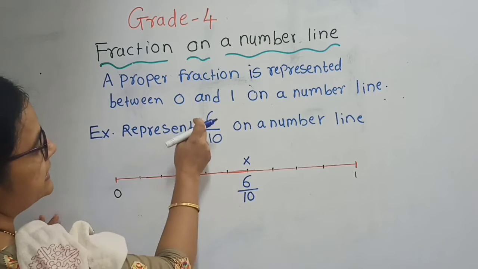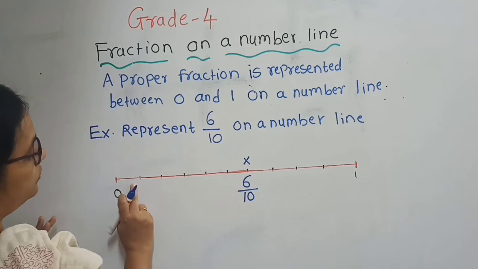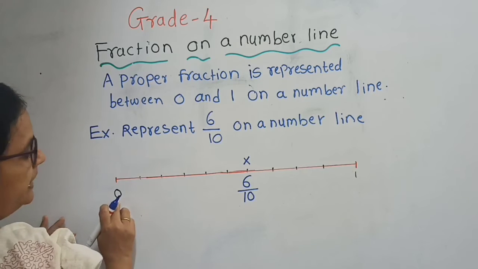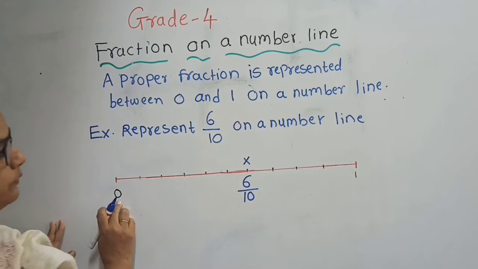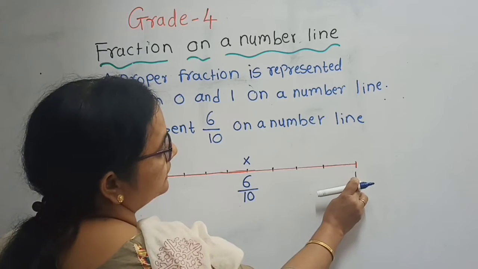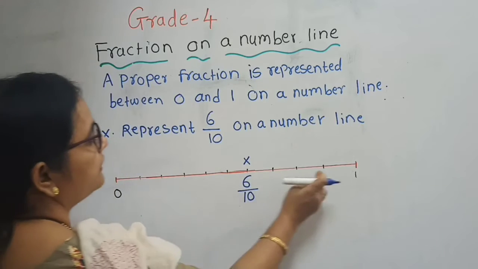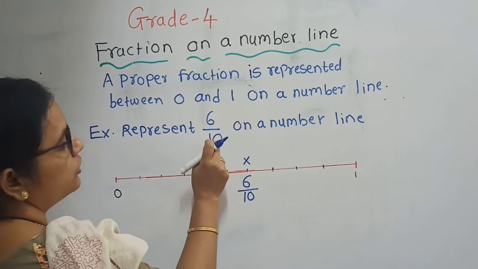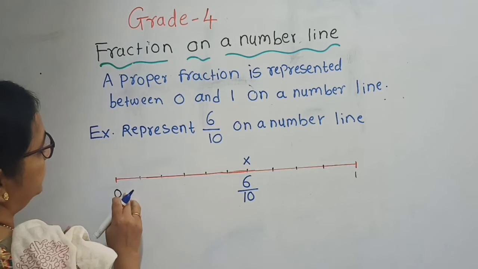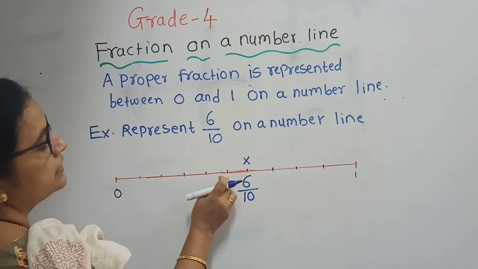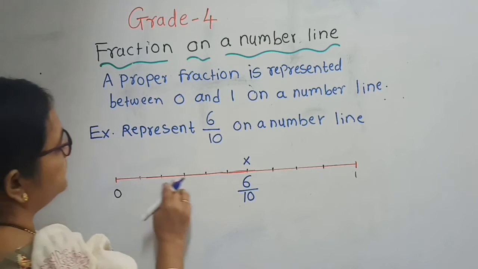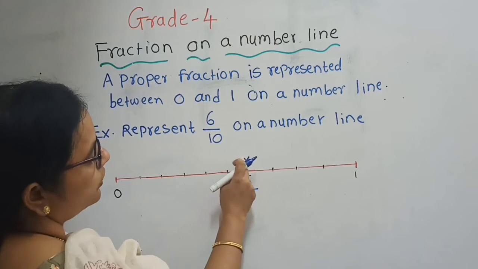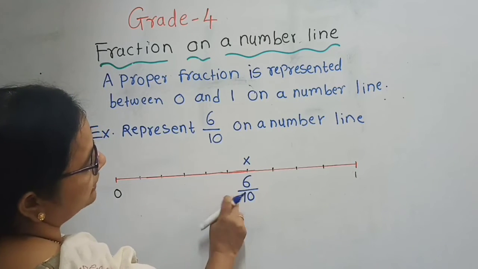To represent 6 upon 10, when we make a number line, the starting point is 0, then here 1, then we divide this number line into 10 parts. Why? Because the denominator is 10, and then we move 6 small divisions ahead: 1, 2, 3, 4, 5, 6. We cross it and then write the fraction here.